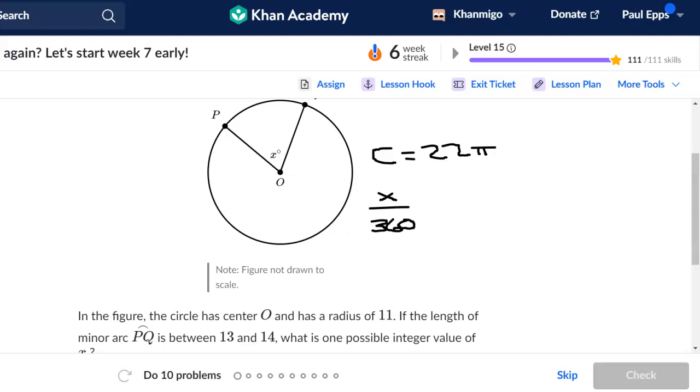X is to 360 as some number between 13 and 14 is to 22 pi. So let's start with 14 over 22 pi. We need a calculator for this.